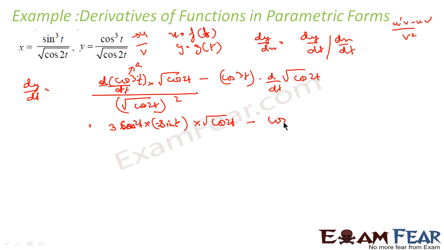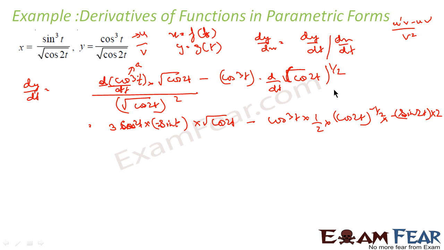Minus, again, cos cube t is a constant here. Root cos 2t becomes cos 2t to the power 1 by 2. So this becomes 1 by 2 into cos 2t to the power minus 1 by 2 into d by dt of cos 2t, that is minus sine 2t into d by dt of 2t, that is 2.